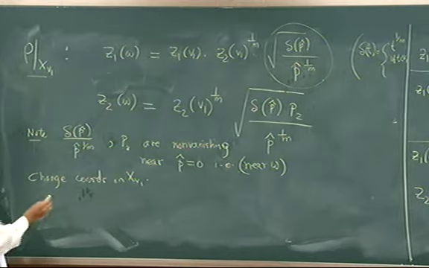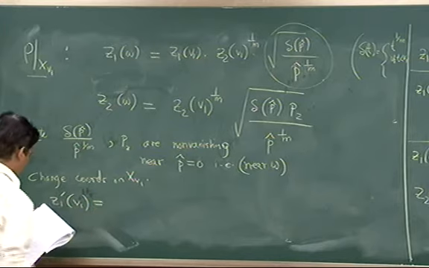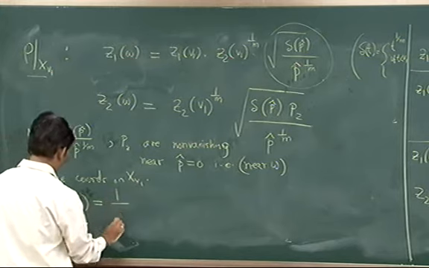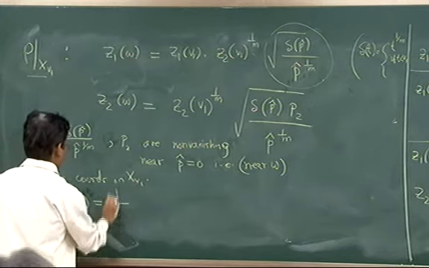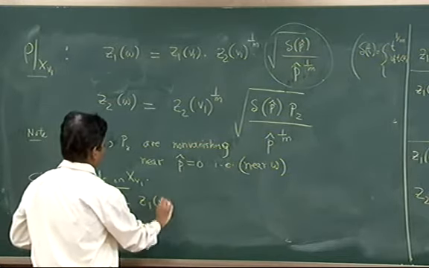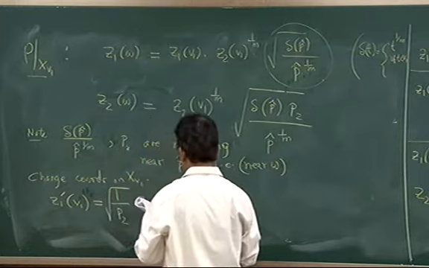Sorry, so Z1 prime (V1) to be 1 over the square root of 1 over P2 times Z1(V1), and then these are chosen so that you get what you want.